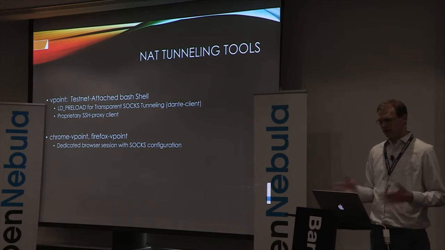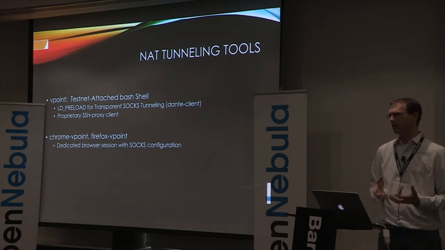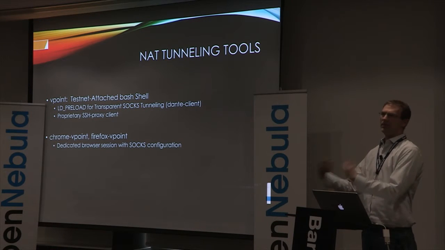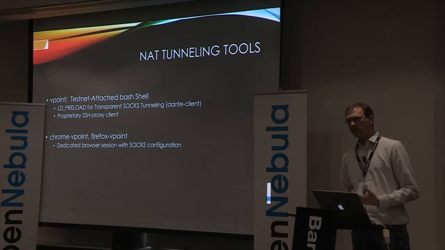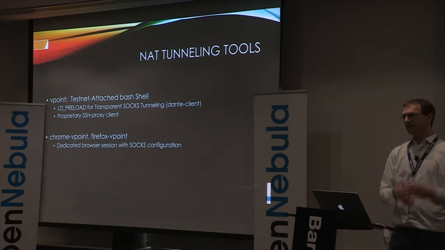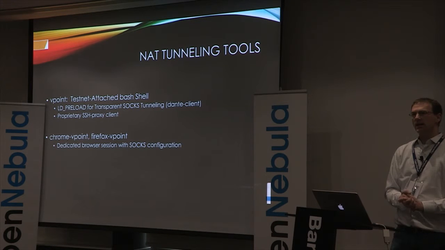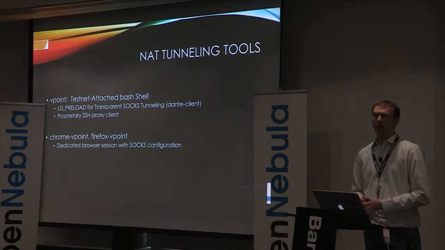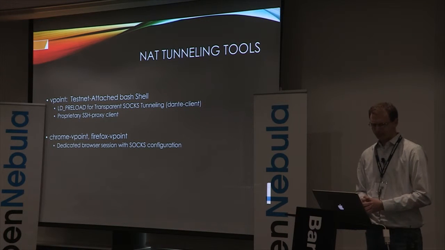So I can run this vPoint script to attach my shell to a specific testnet, and then I'm able to SSH, SCP, run Akamai's deployment tools, and just generally interact with that particular clone and its /16 of IP space as though it were reachable from my machine, even though there's actually about 50 instances of that private IP space running out in the lab.